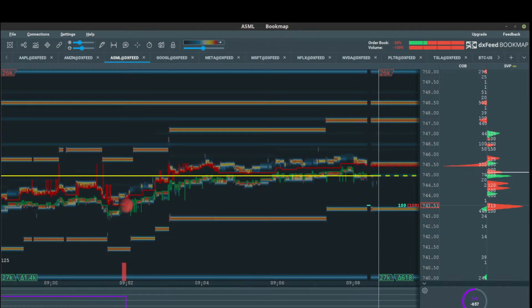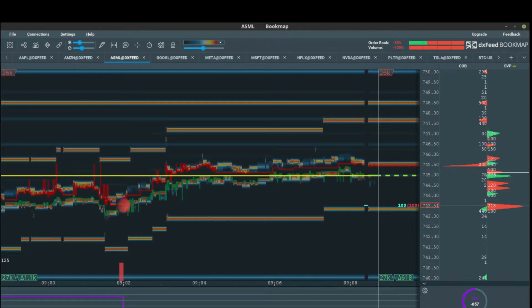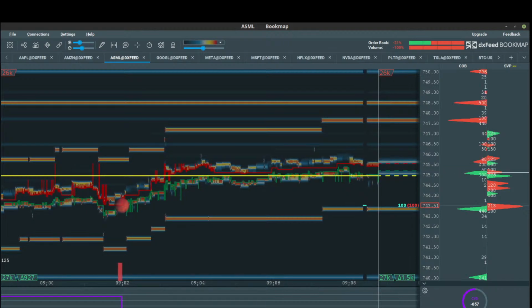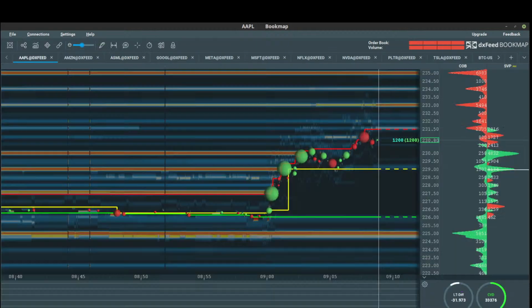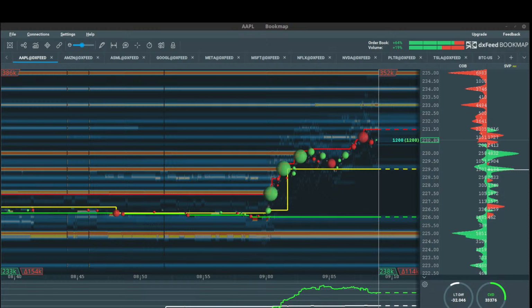And I'll be doing a little bit more in-depth analysis on these once the market is open and we've got a little bit more data to work with. But we'll go through some of these pre-market, starting with Apple, and I've added ASML to the rotation, so we're going to get to that one in just a moment as well.